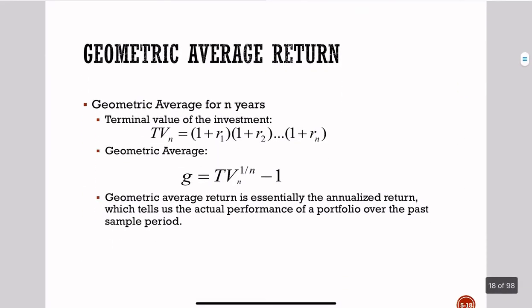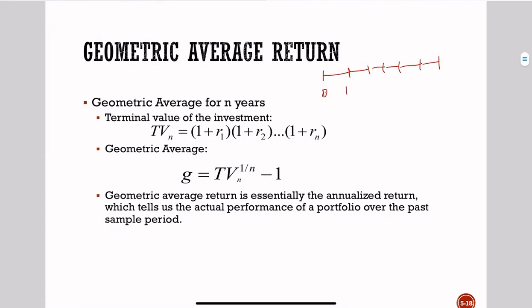And next, we could talk about the geometric average. Geometric average is really just a fancy way to talk about annual return. You can see how it works like this. Let's say you invest for n years. In the beginning, you invest $1.